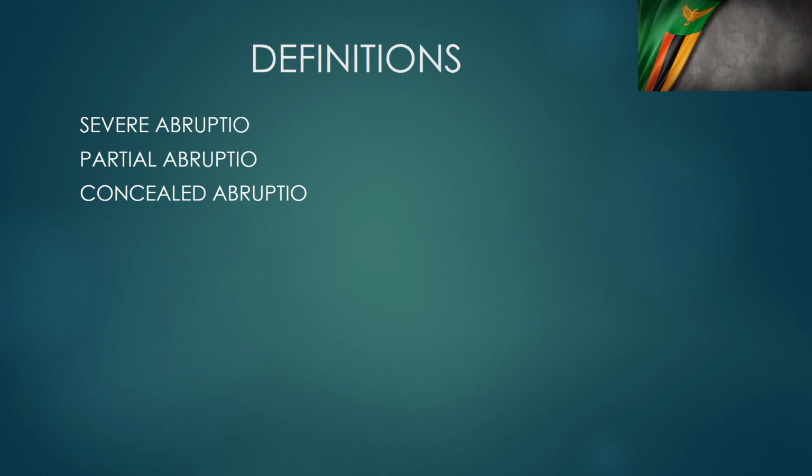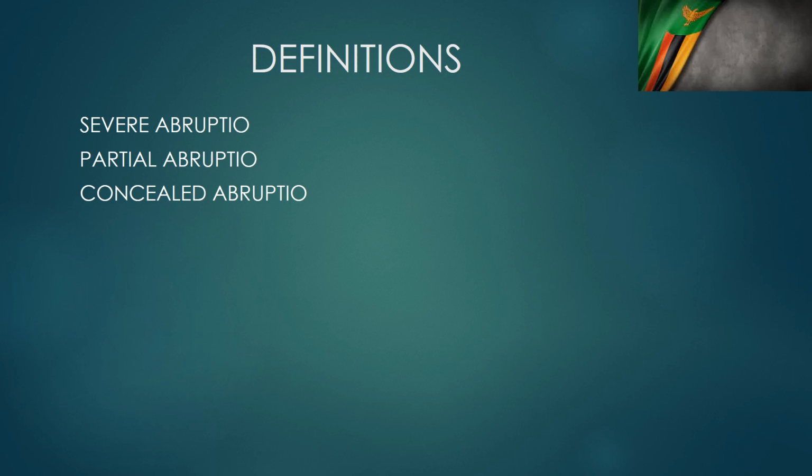Of course, it's common sense kind of to think that when you have a complete, then there'll be obviously more bleeding. Then the last type of classification we have is what is called a concealed abruptio and a revealed abruptio. So we have a concealed abruptio when we have abruptio placenta, but we have no vaginal bleeding. So the placenta has not detached at its ends, so the blood doesn't seep through the membranes and the uterine wall to come through the vagina.